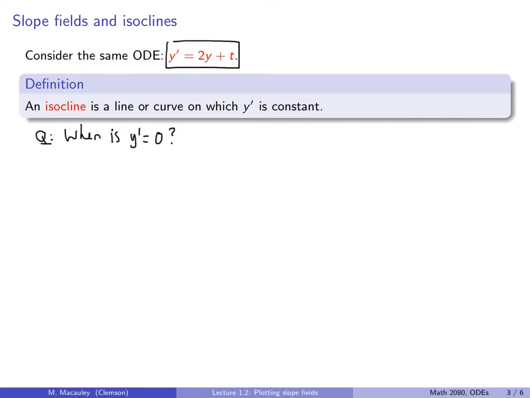So the answer here is, when 2y plus t equals 0. In other words, y equals negative 1/2 t.